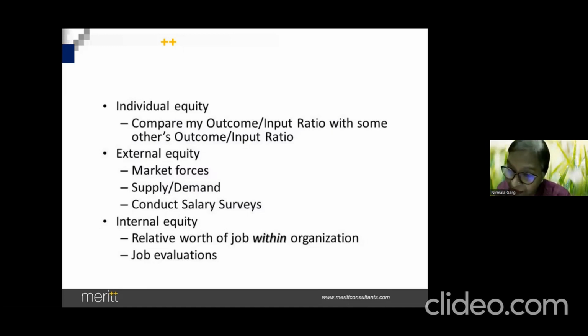What is it that we input and what is it that I'm getting? And then I compare it with the comparator. I hope you remember that. Abhijit, you remember that? Yes. And when we talk about external equity, we were talking about market forces, supply and demand, because these are the things because of which there are variations in the salaries.